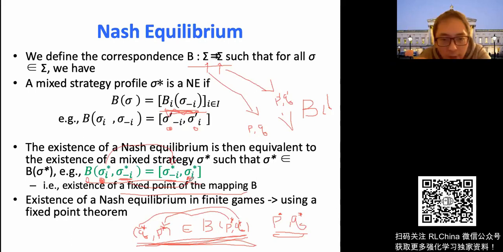If for this function there exists a fixed point, in other words, the input is the same as the output, then we call that a fixed point of this correspondence. Therefore, by definition of a Nash equilibrium, and also because it's a best response to you and you're the best response to myself, this fixed point is a Nash equilibrium.